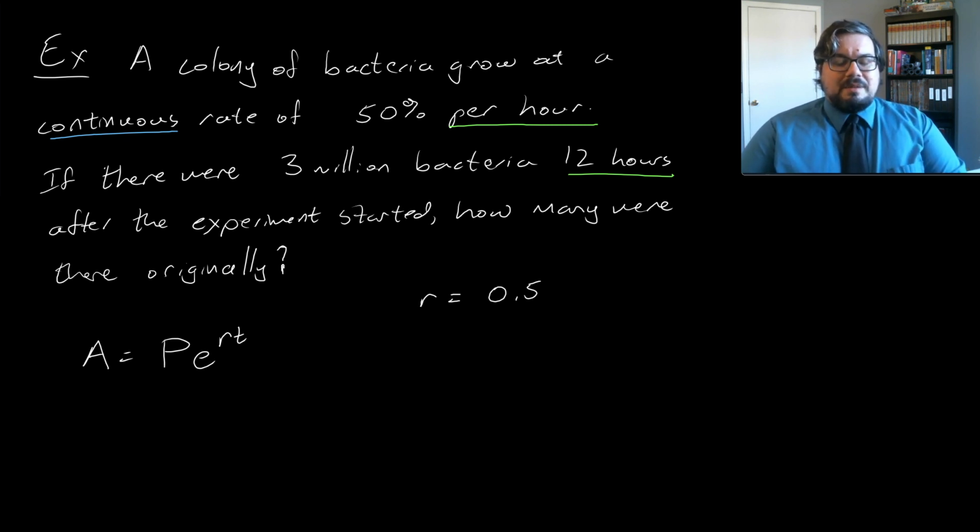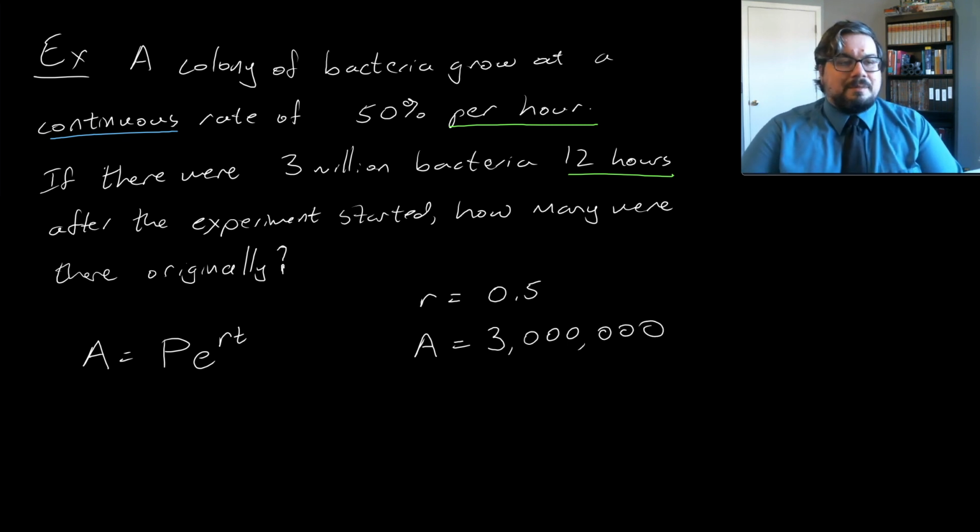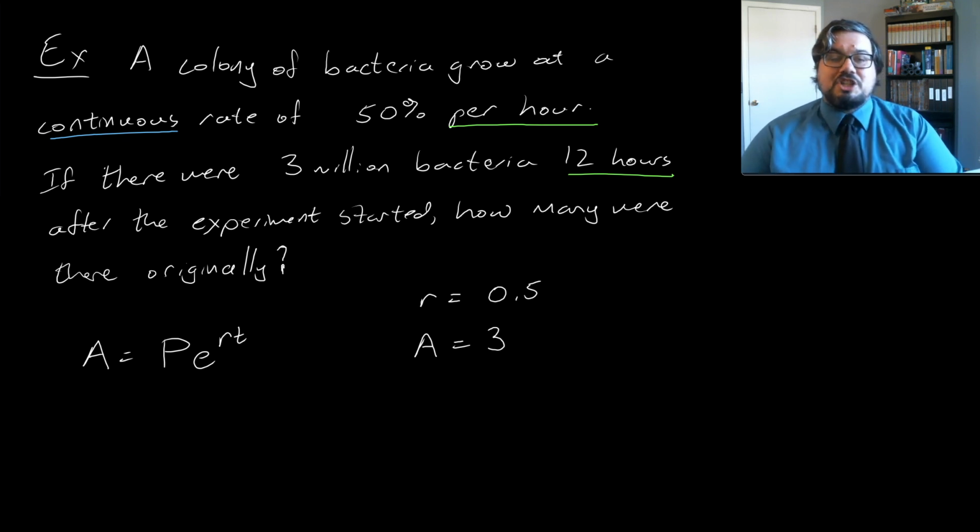Now we're told that there's 3 million bacteria 12 hours after the experiment started. So that means that the A value here, the amount at the end, is 3 million. Now, I'm also going to do a little trick here which makes things easier. When we're dealing with very, very large quantities, typically you don't want to include the whole number, 3 million like this. What you'll do is you'll say, in this problem, I'm measuring my population in terms of millions of bacteria.